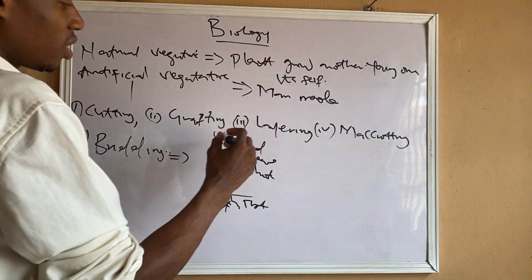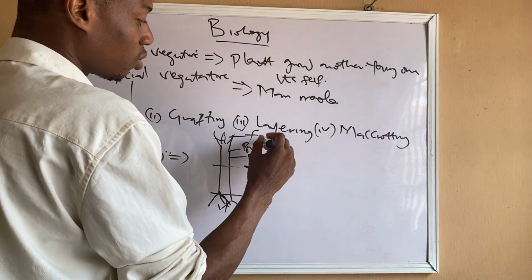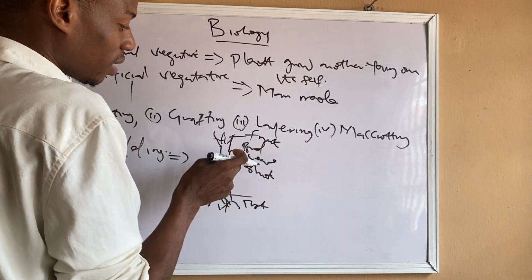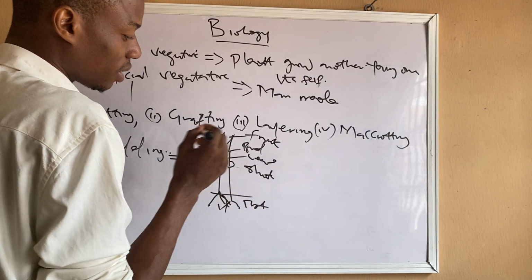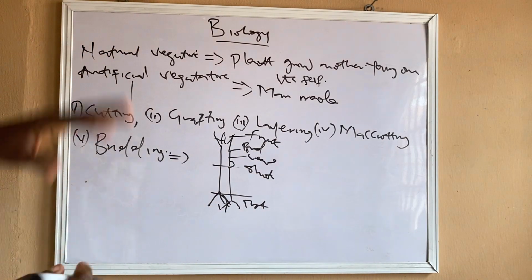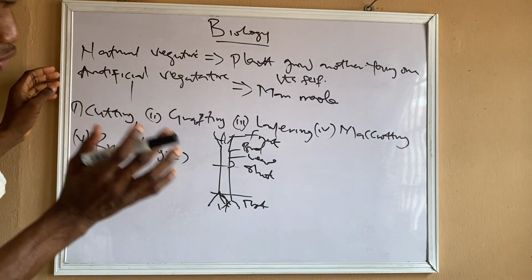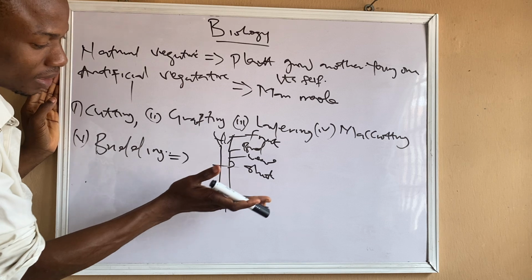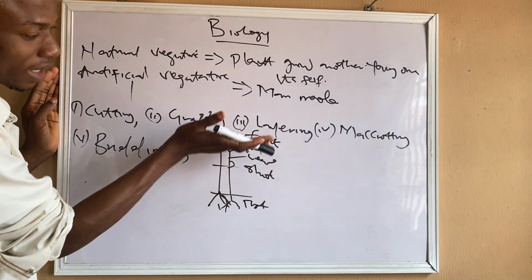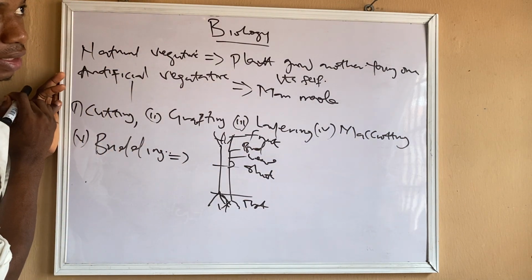There are some plants whose fruit is plucked around this place. It depends on different plants. But one thing we should know is that there are three aspects: the root aspect, the stem aspect, and the shoot aspect. Right? Good.